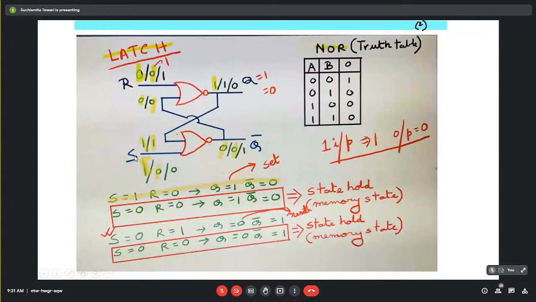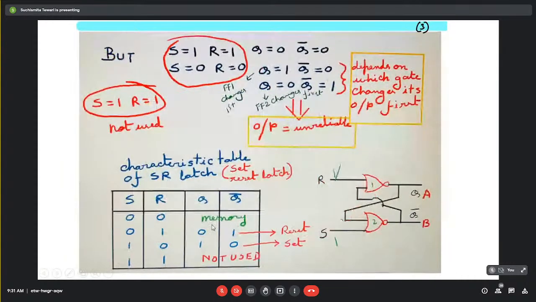So it is always better to follow the convention that S equal to 1 corresponds to the set state, Q equal to 1 and Q bar equal to 0. In exams and books you often get confused between these two, and sometimes you put R here, S here, but write the table following this convention. So please be careful about this nomenclature.